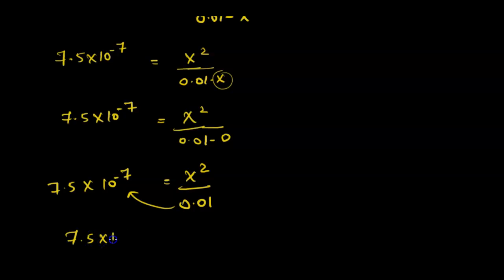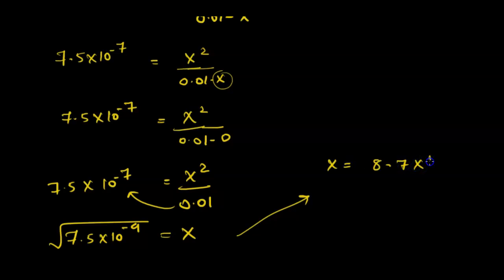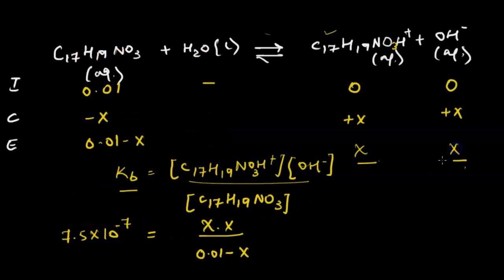So this would give us 7.5 times 10 to the power negative 9. Square root is equal to x, which is going to give us x equal to 8.7 times 10 to the power negative 5.